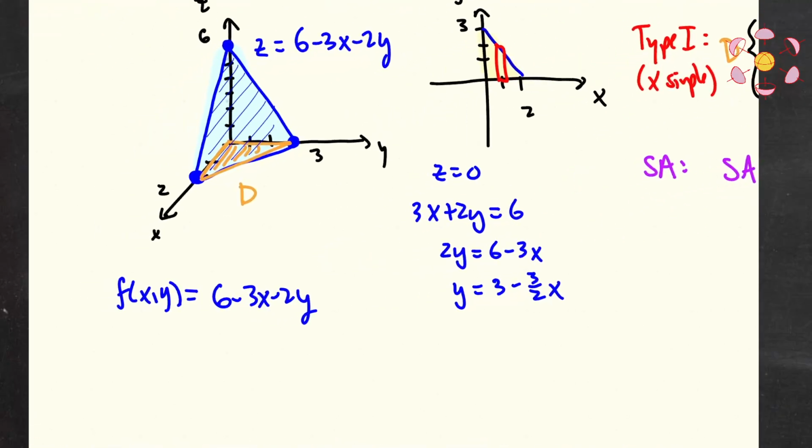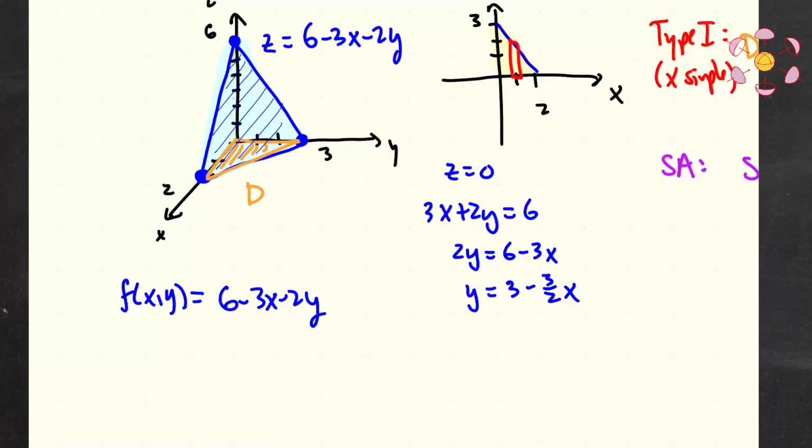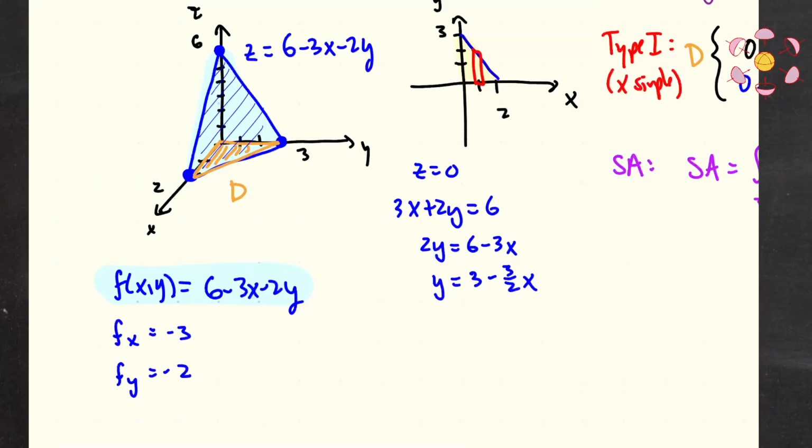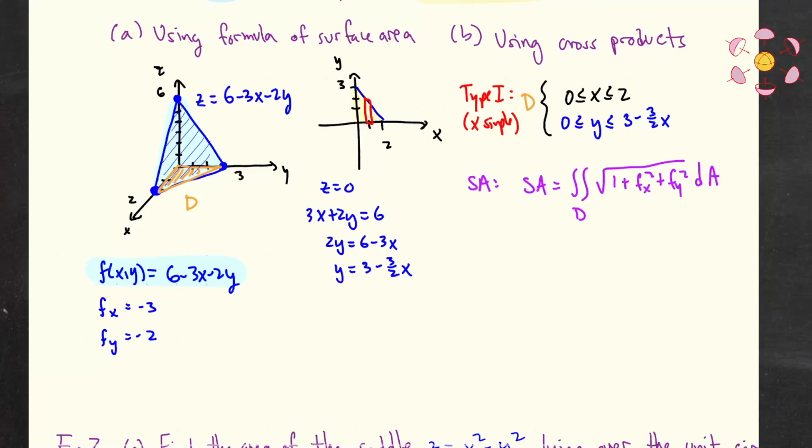Okay, so now that we've got f figured out, next step would be to take some partial derivatives. Should be quick work. Fx is -3, fy is -2. Super clean. I mean, this is as nice as it gets.